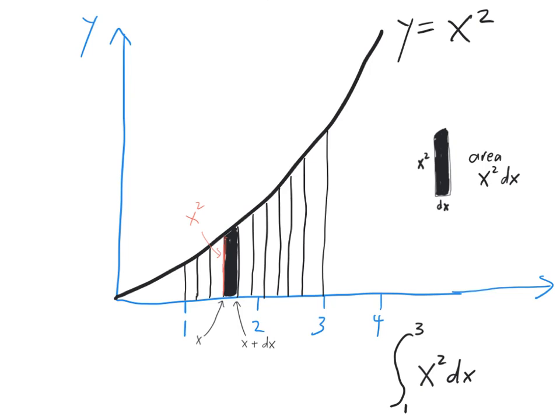And what are we adding up? In this particular example, we're adding up the areas of these little rectangles under the curve. So when you see an integral sign, you should really think you're adding something up. It's like a summation sign almost. Let's give ourselves a little bit more room to work here.